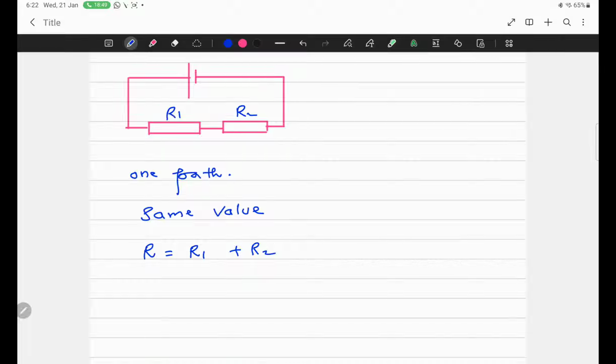But the special thing जो मैं आपको पढ़ाना चाह रहा हूँ वो ये कि series circuit is also known as potential divider. Series circuit is also known as potential divider. And potential divider means, sir, total voltage is divided in these two resistors.